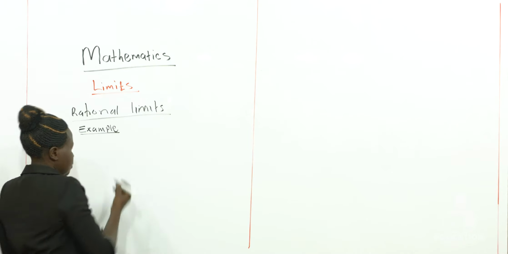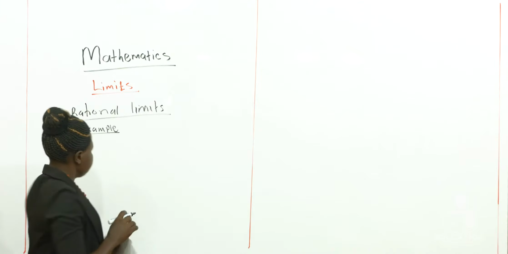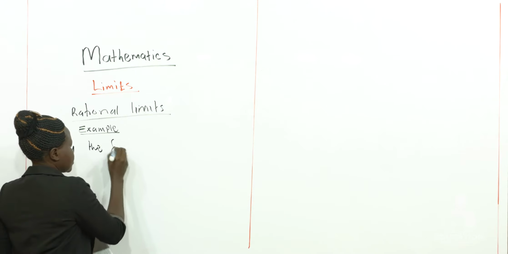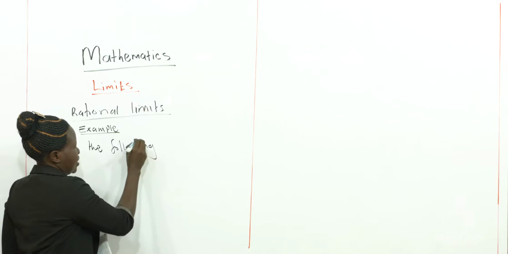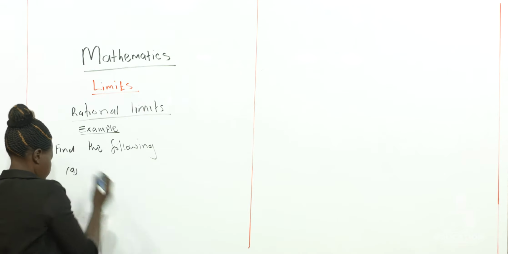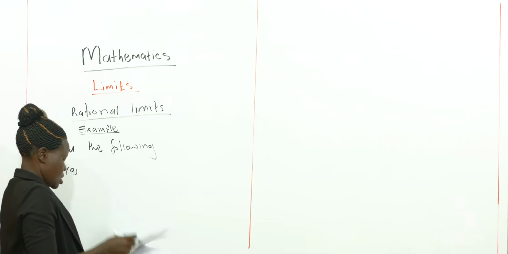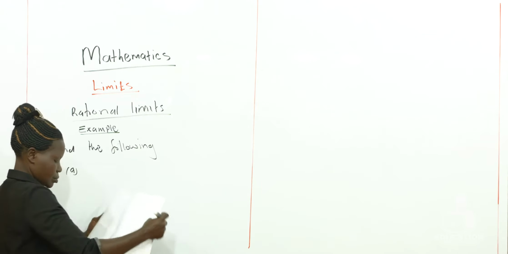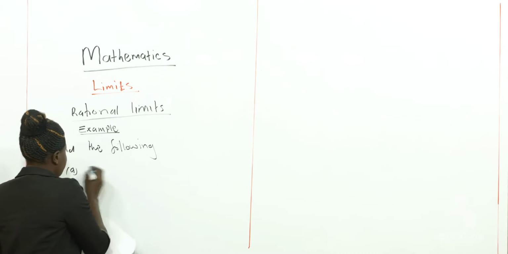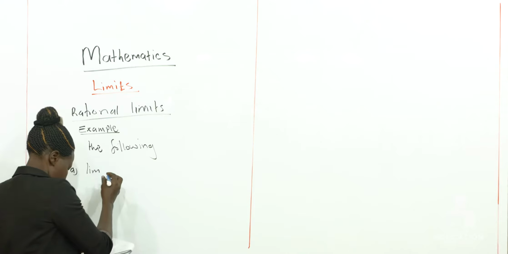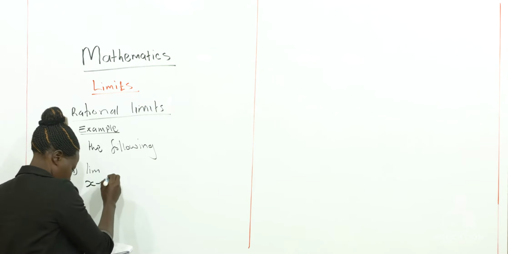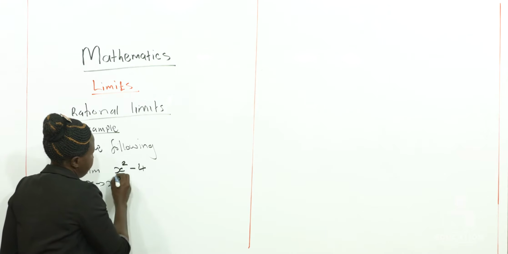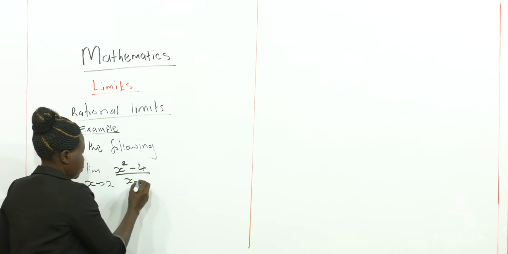So when x is approaching a real number, for example, we say find the following: lim as x approaches 2 of (x squared minus 4) over (x minus 2).